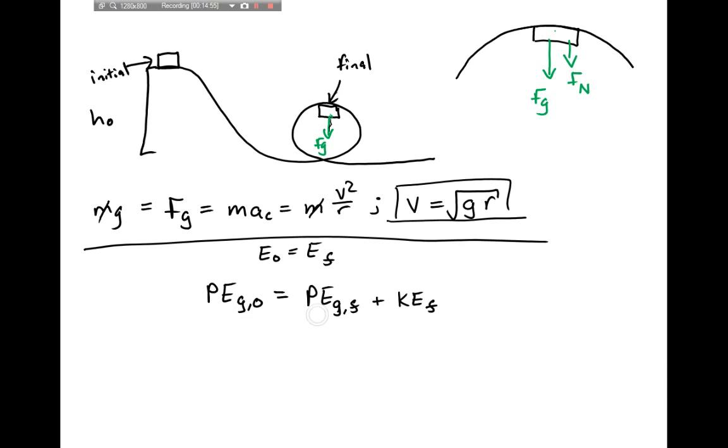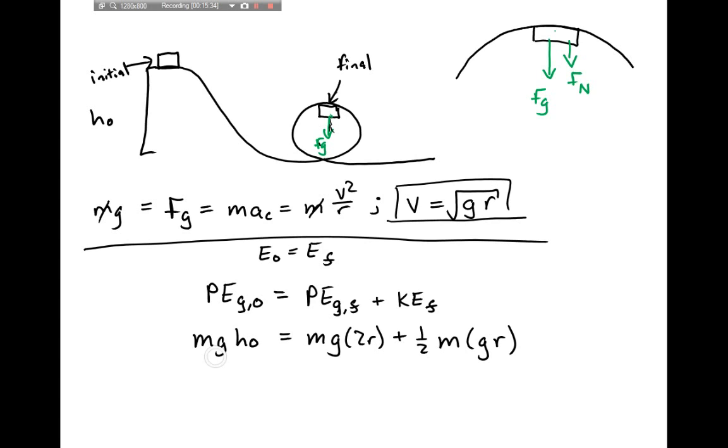Now I plug in the formulas for kinetic energy and gravitational potential energy. So mg h naught is equal to mg times 2r, since up here I'm 2 times the radius above the ground, plus 1/2 mv squared. But at the top of the loop, my velocity is the square root of g times r, so the square of my velocity at the top of this loop is gr.